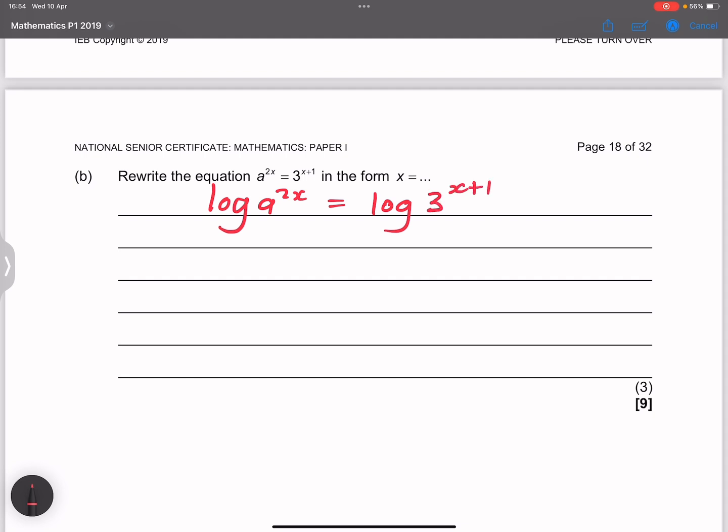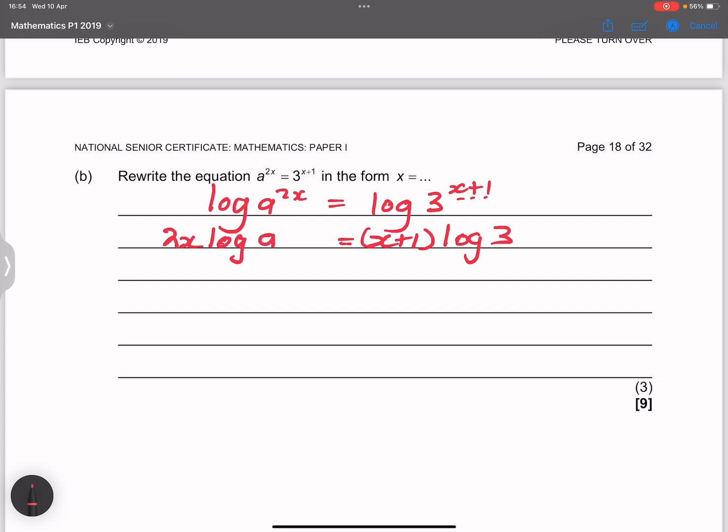And we know the rule of logs is that we can take the powers or the exponents and jump them down. So that's x plus 1 log of 3 is equal to 2x log of a.